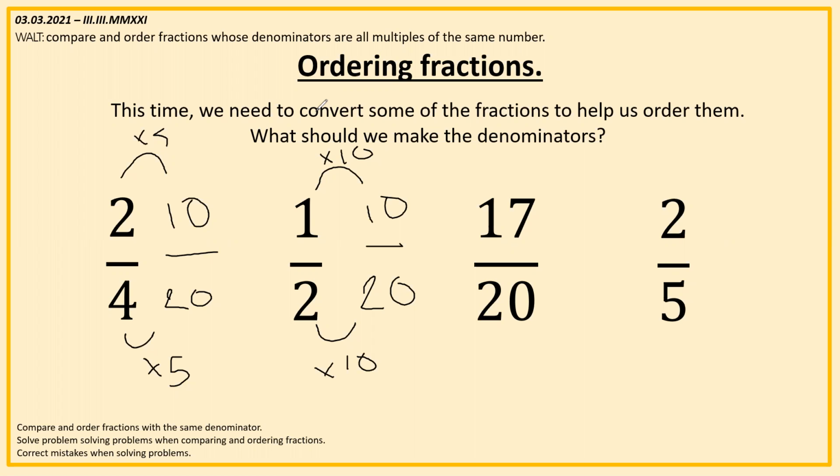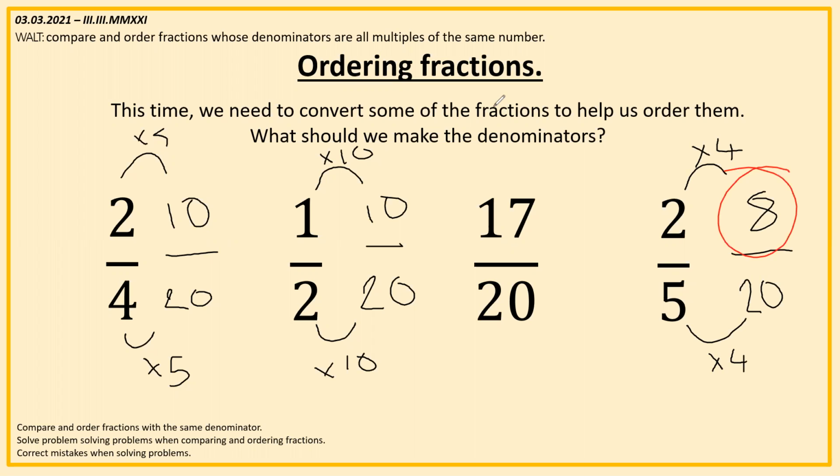And then how do we get from 5 to 20? We multiply it by 4. So we multiply our numerator by 4 as well. And 2 times 4 is 8. So now we have got 4 fractions with the same denominator. So again, looking for our numerator to see which number is the smallest, we can see that we've got an 8 here. So our first fraction would be 8/20.